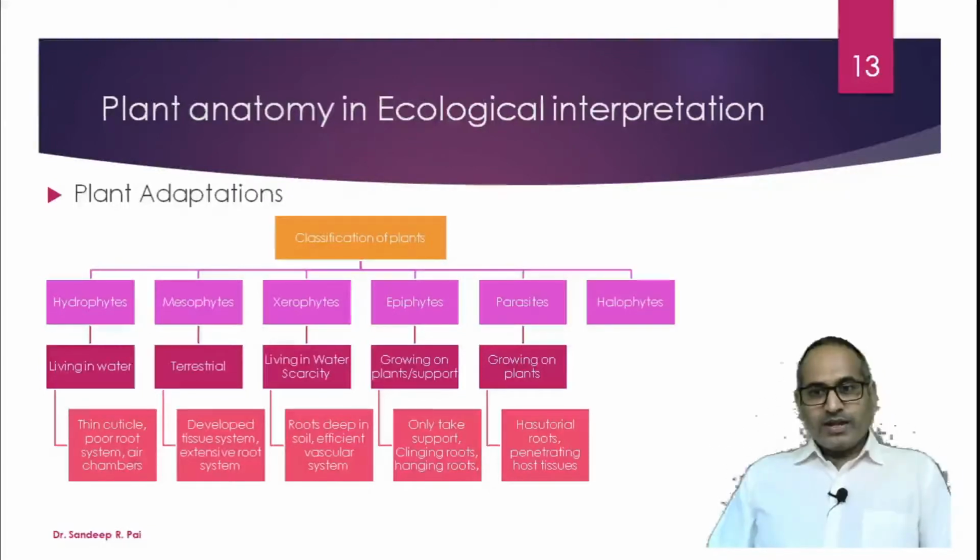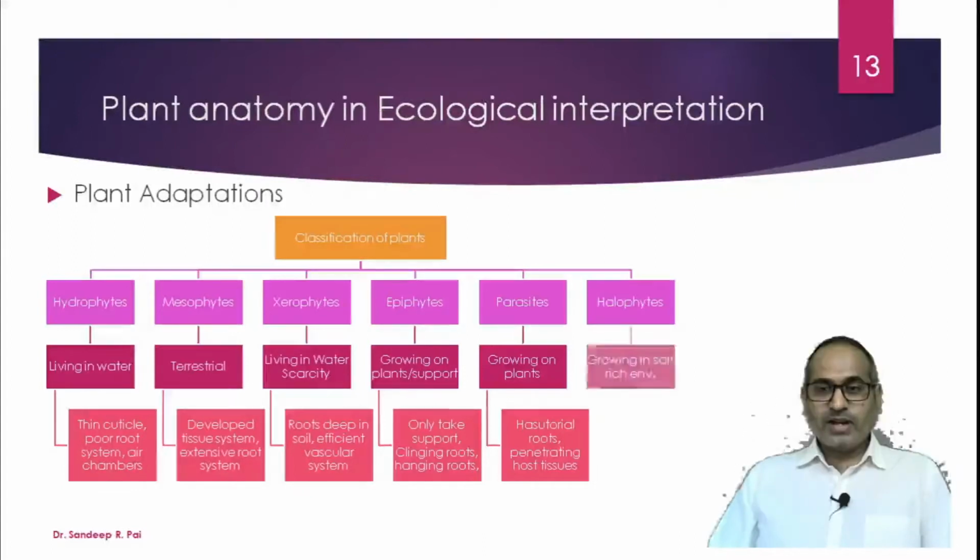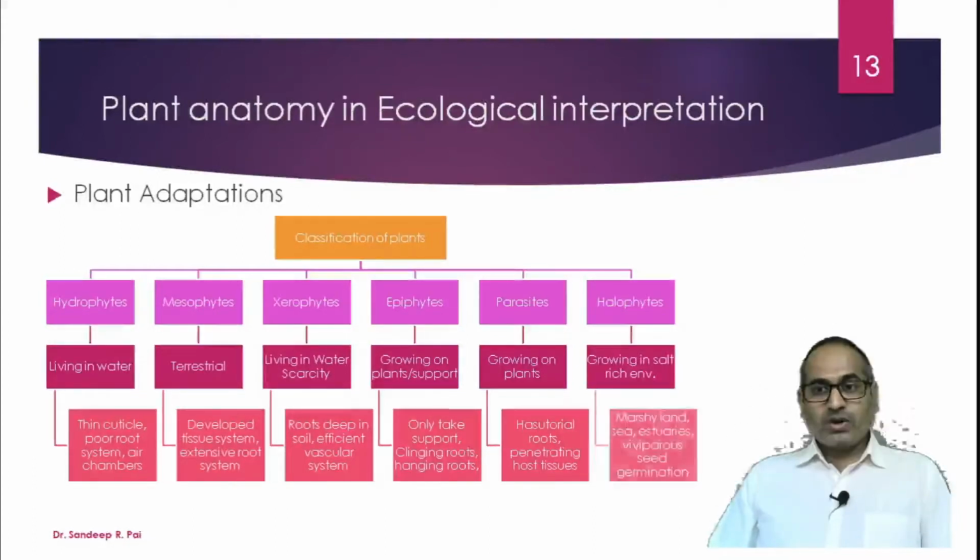Then halophytes, this is a different ecological interpretation of plants. This is a different category of plants which are considered to grow in salt-rich environments. The best example would be mangrove plants. So what are the characteristics?